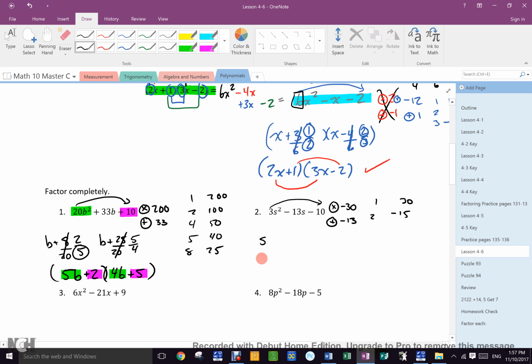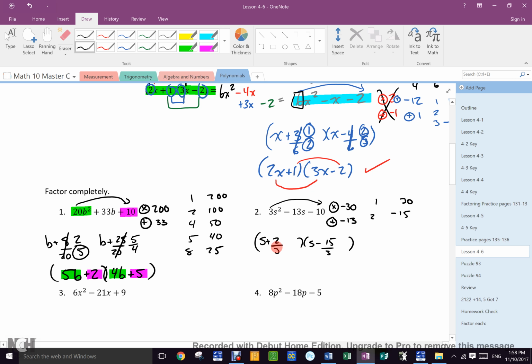So it's s plus 2, but not 2. 2 over 3 because we had to multiply that 3. And it's s minus 15, but not 15. 15 over 3. And then Mrs. Bad Crumble says, simplify your fractions. Does that simplify? 2/3.